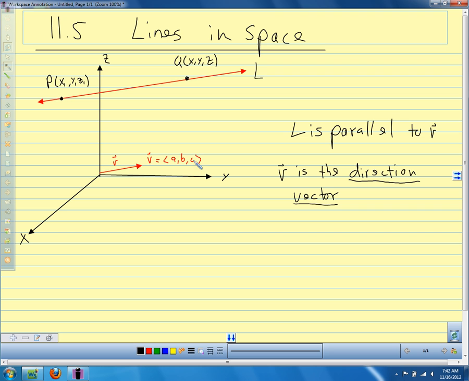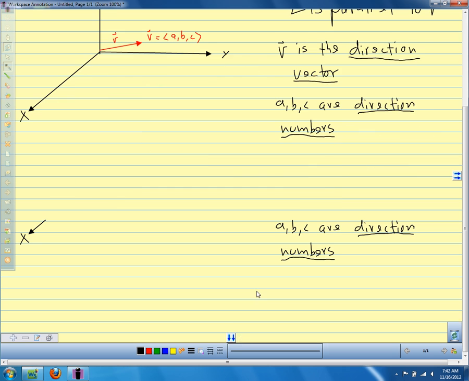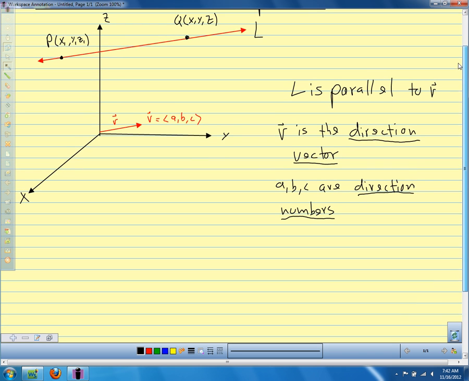And we call A, B, and C, the components of V, the direction numbers for the line. So as we're working with lines in space, the direction numbers and the direction vector will be important quantities. So this is our setup.